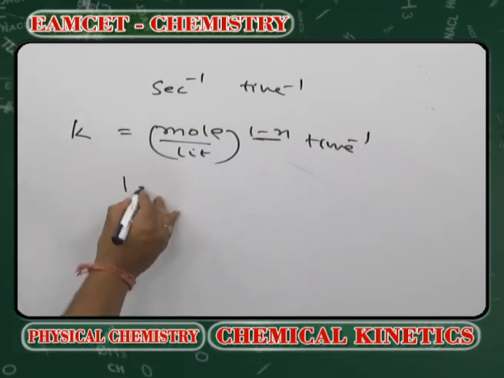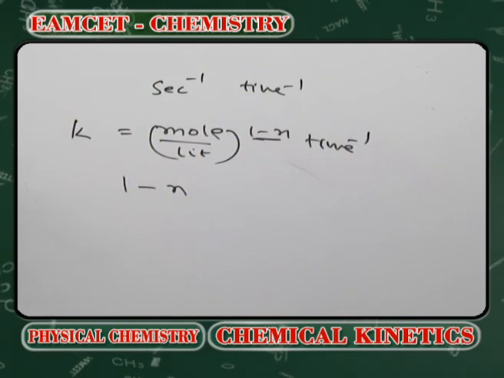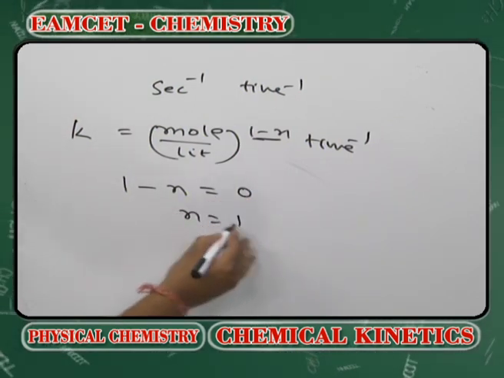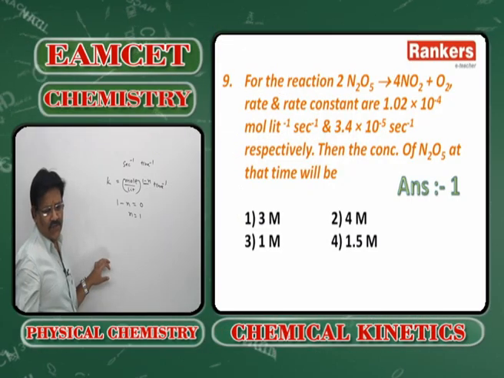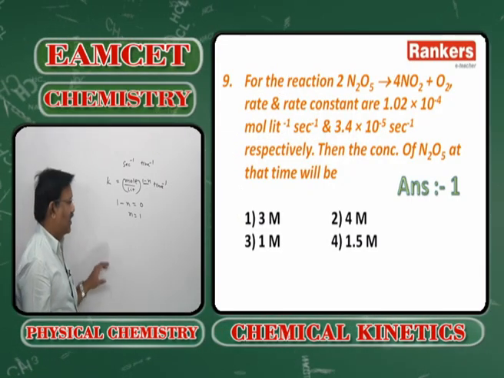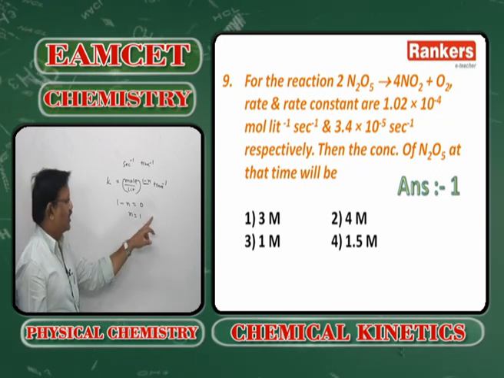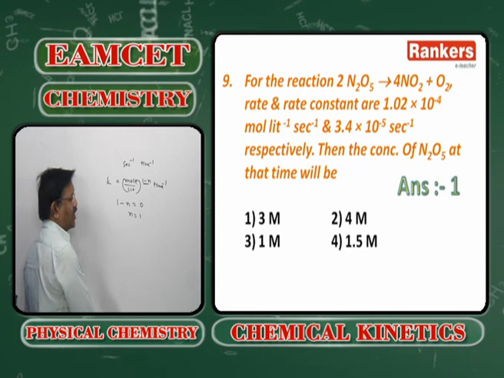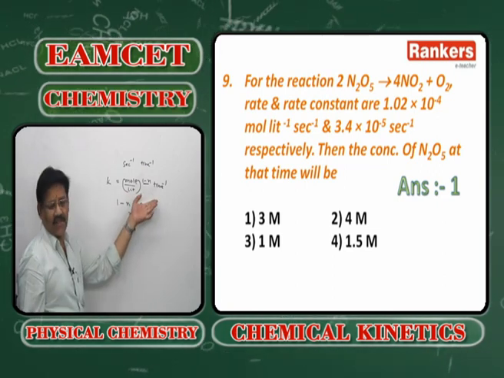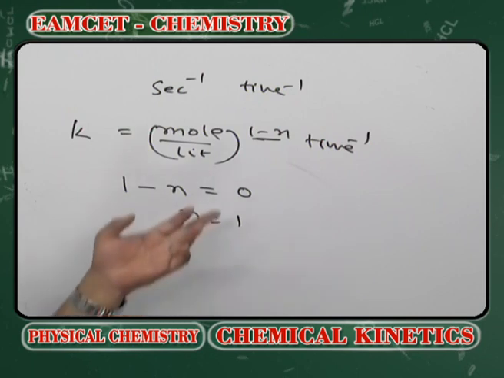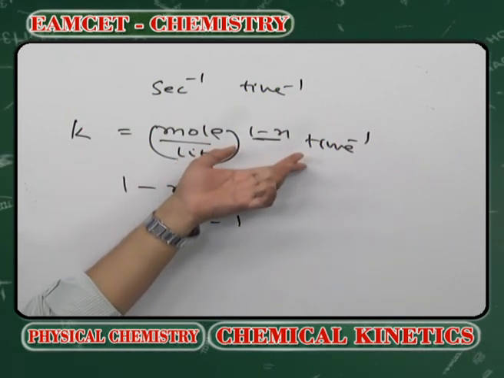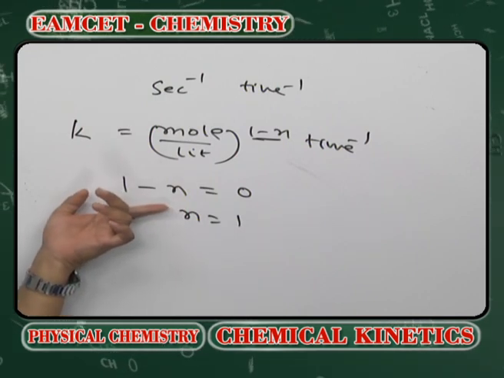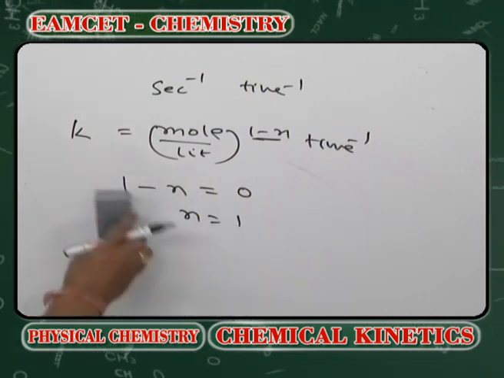In the present expression there is no mole term, therefore 1 minus n is equal to 0, n is equal to 1. So the decomposition of N2O5 follows first order kinetics.